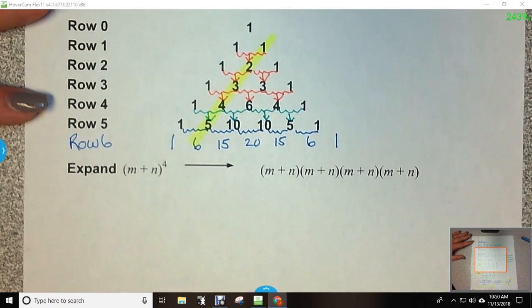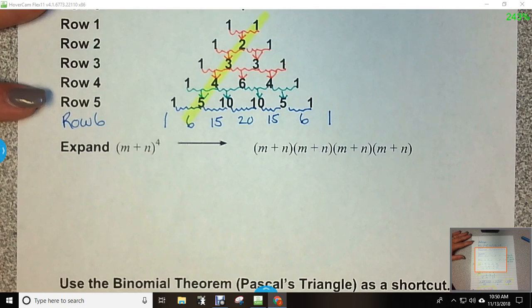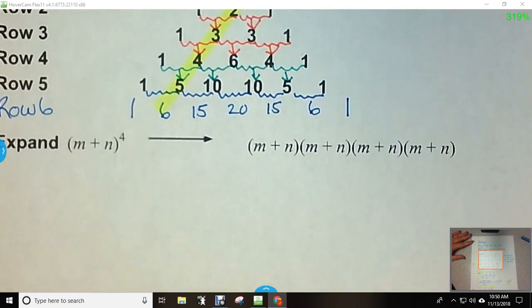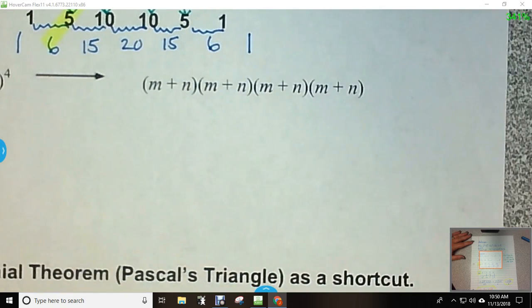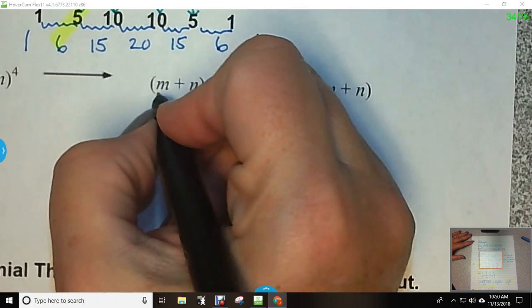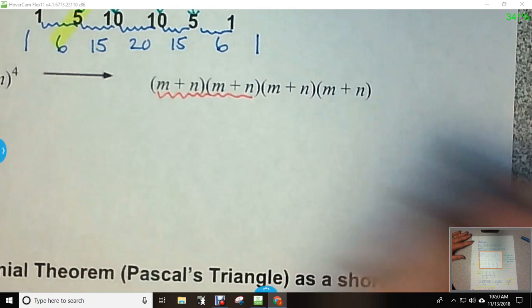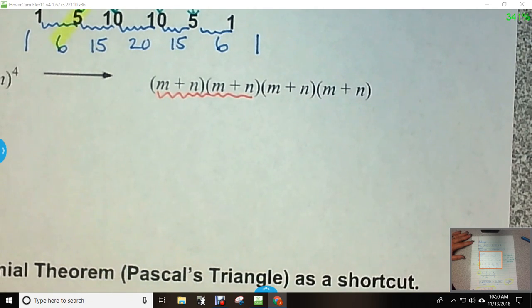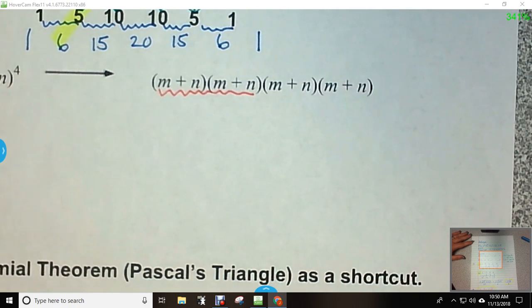So now, let's do m plus n to the 4th the way that we already know how, okay? I'm going to start out by just multiplying m plus n times m plus n. Okay, it's just FOIL or double distribute, whichever one you like better.